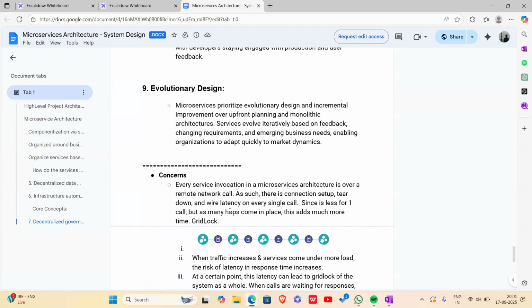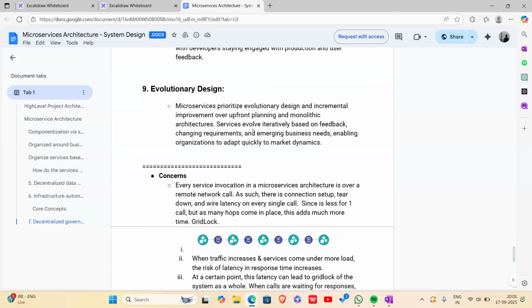Evolutionary design is nothing but microservices always being improved based on the feedback received from customers and clients. So we iteratively update the microservice according to the needs and to current technological improvements. That is known as evolutionary design.